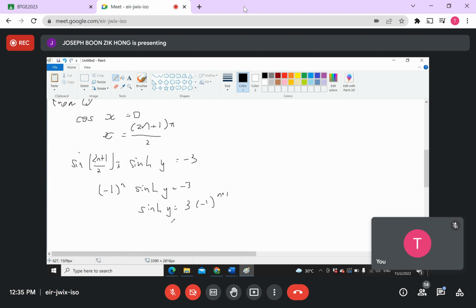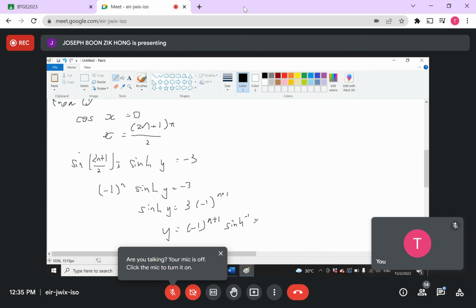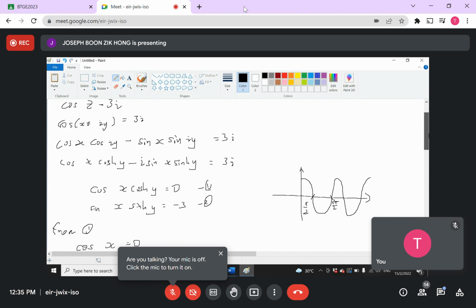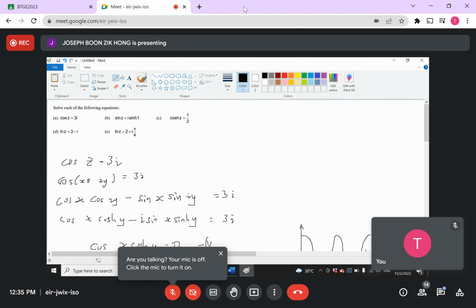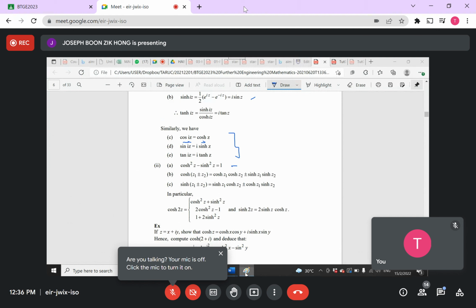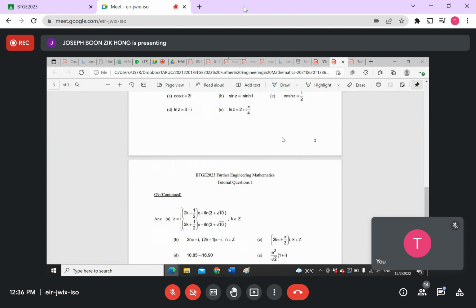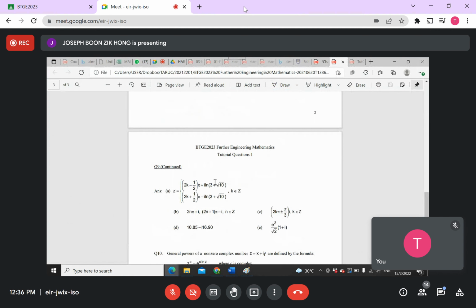Okay, so my y will be, I can move out my (-1)^(n+1), and then sinh inverse of 3. Let me see, the answer is left like this, or the answer doesn't have it. Oh, answer is here. Okay, the answer they left in ln 3.